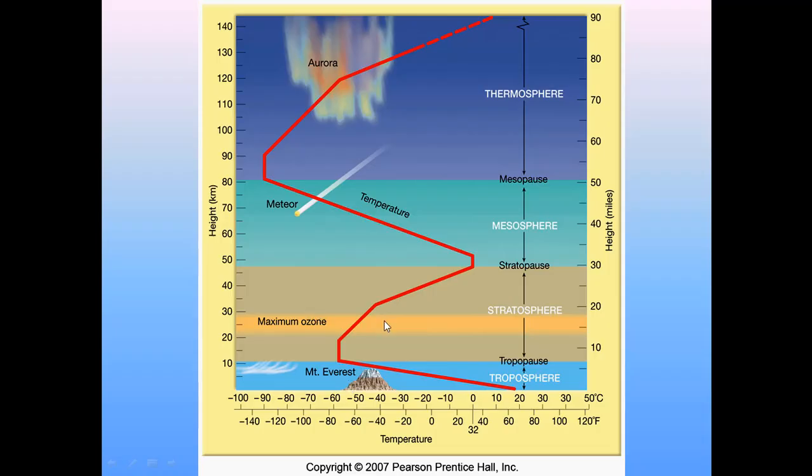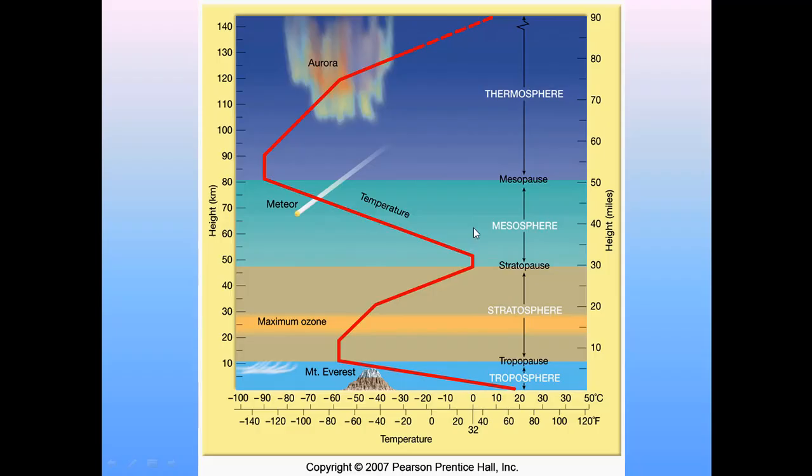So you can think of the ozone layer in the stratosphere as being the Earth's natural sunblock. So it makes sense that if ozone is absorbing all of that harmful solar radiation, it is warming in this layer. And so that is why temperature increases as you go higher in the stratosphere.